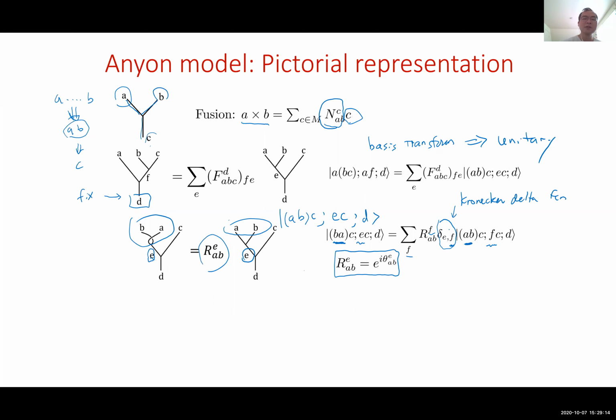Okay, so in a sense, when you're doing the exchange braiding here, this E will not change. So it just induces a phase. Okay. So this is the exchange between A and B that fuse to E. But what if I want to exchange?